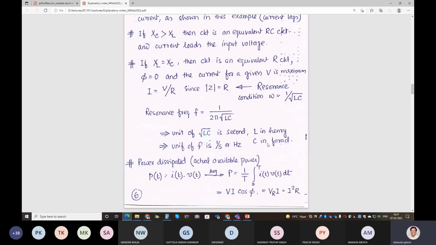L is in Henry, C is in Farad, and hence the unit of frequency F comes out to be 1 by second, that is hertz.